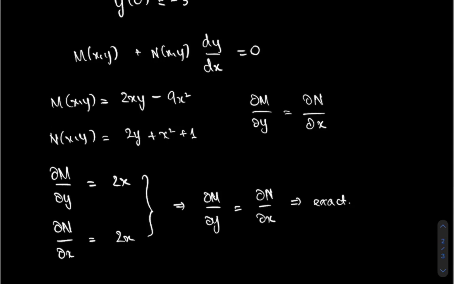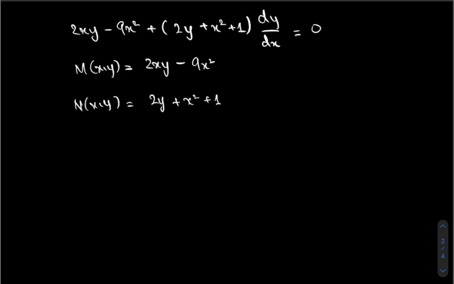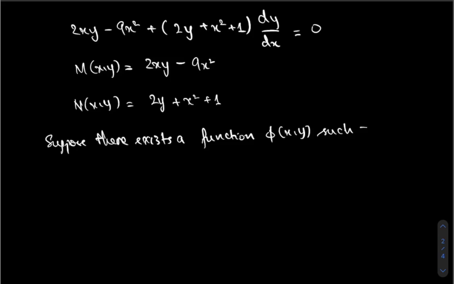Next, we can apply the exact differential equation procedure to solve for the solution curve to the differential equation. Here's the procedure. Suppose there exists a function phi(x,y) such that partial phi partial x is equal to M(x,y), which is equal to 2xy minus 9x squared.